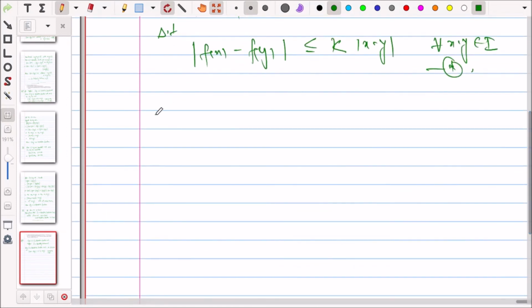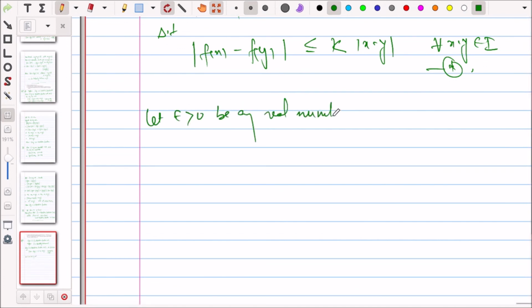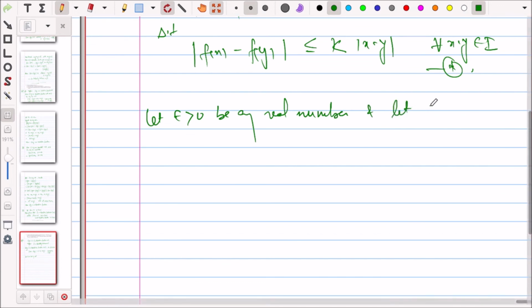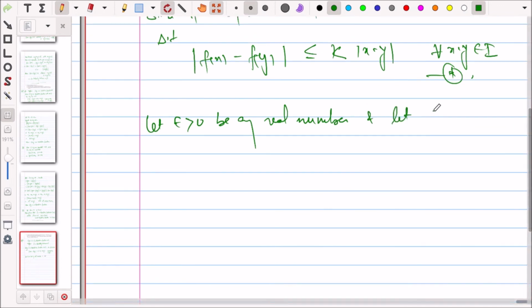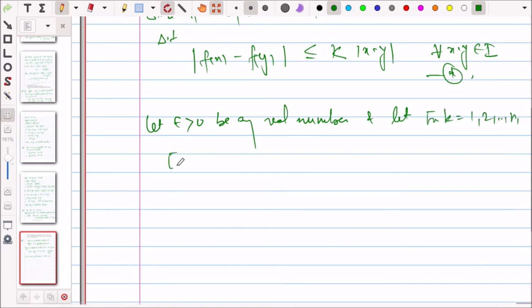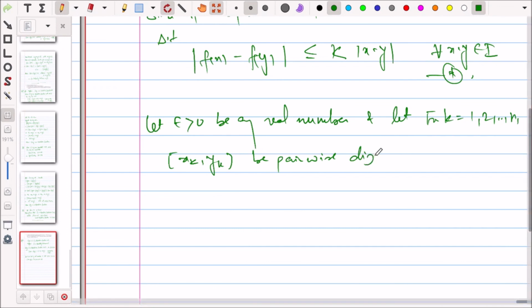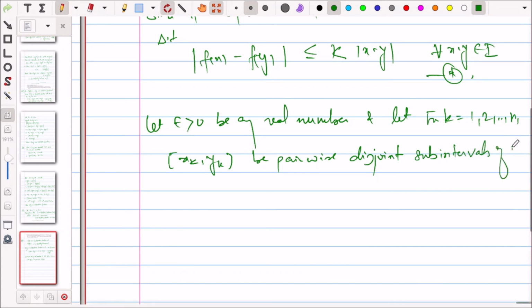So let epsilon greater than 0 be any real number and for k equal to 1 to n let x_k y_k be pairwise disjoint subintervals of I. So we have taken pairwise disjoint intervals of I and we have started with any epsilon. Now we have to find some delta.